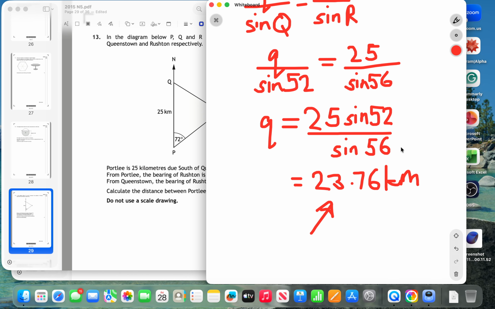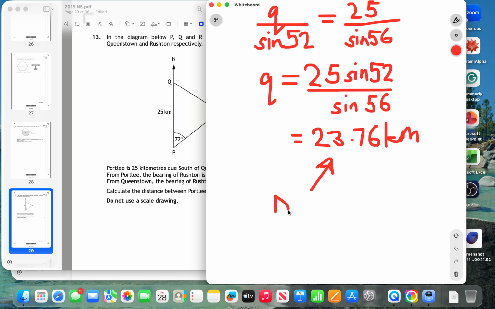So this is the distance between Portley and Rushden.